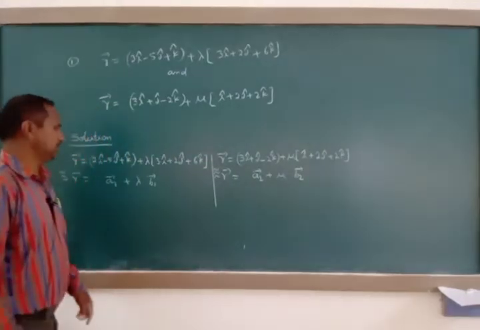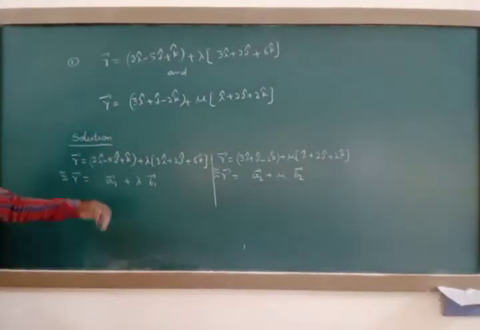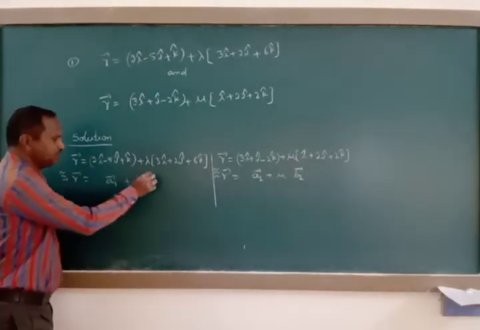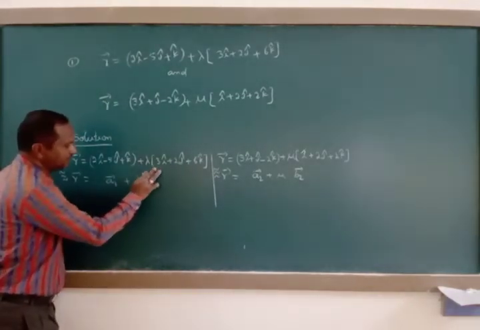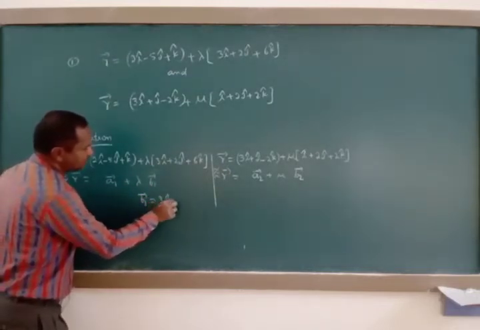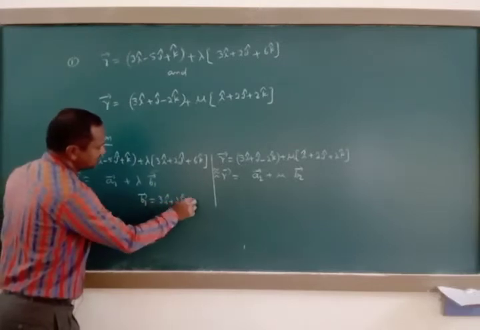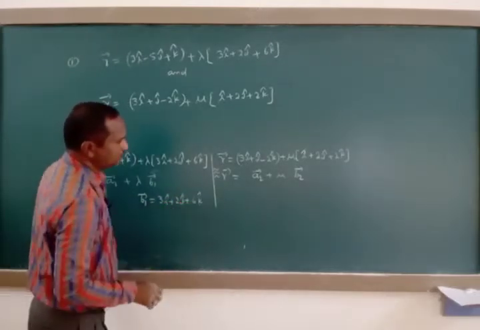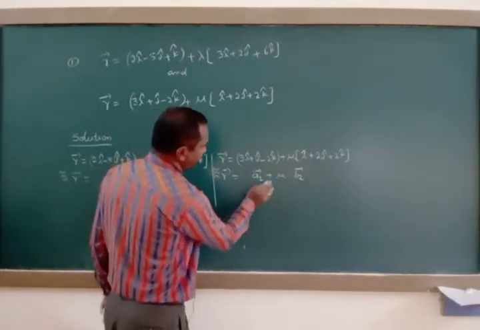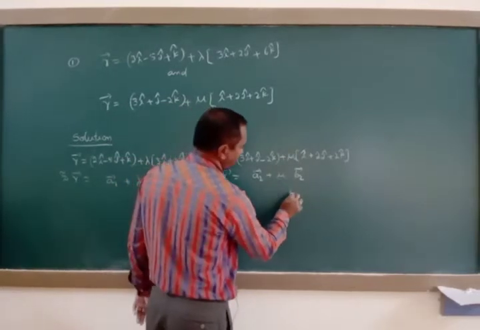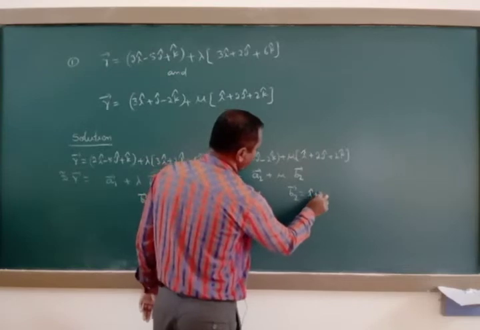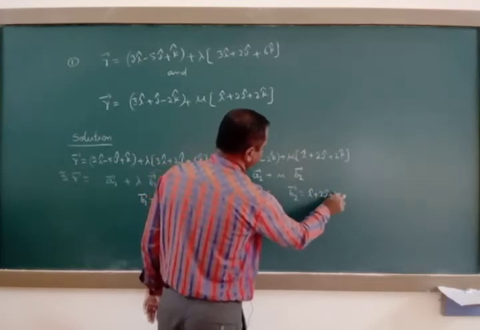We need only b1 and b2, not a1 and a2, to find the angle between the two lines. By comparing, b1 vector is 3i cap plus 2j cap plus 6k cap, and b2 vector is i cap plus 2j cap plus 2k cap.